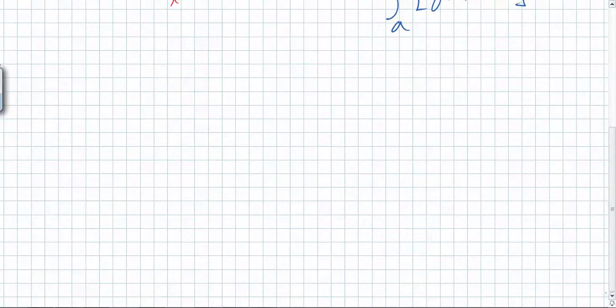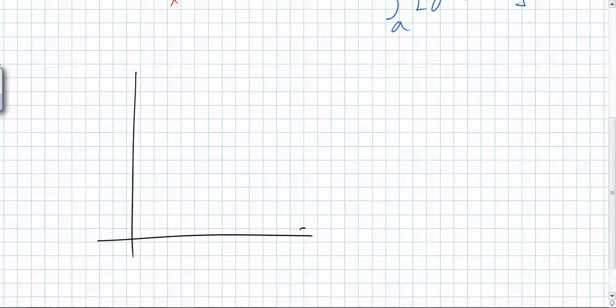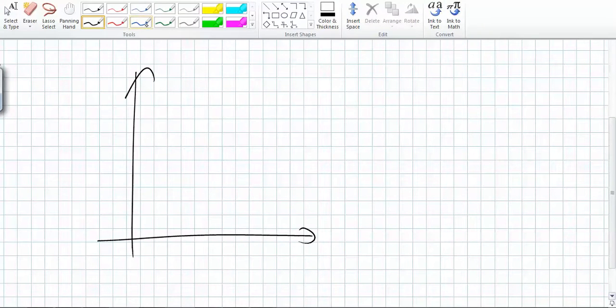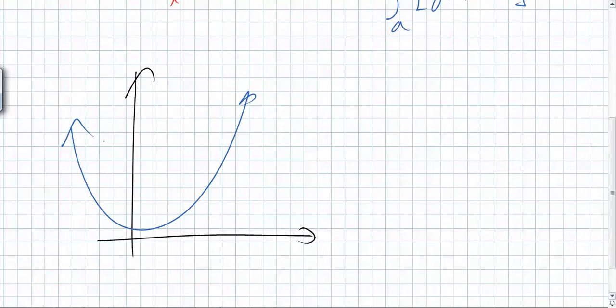So what changes if I were to say, you have, let's say, oh, that's a poor graph.